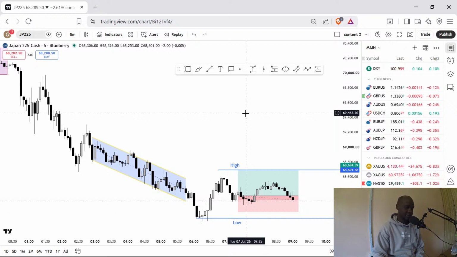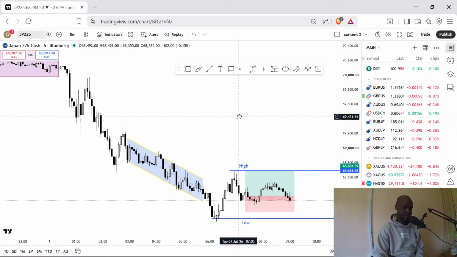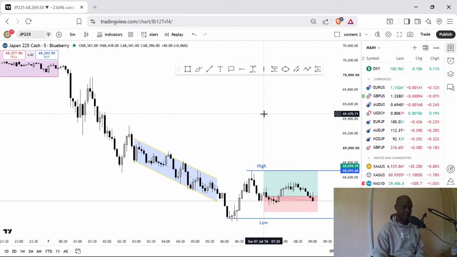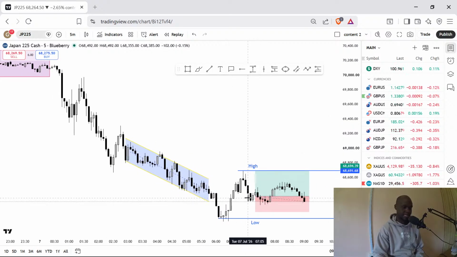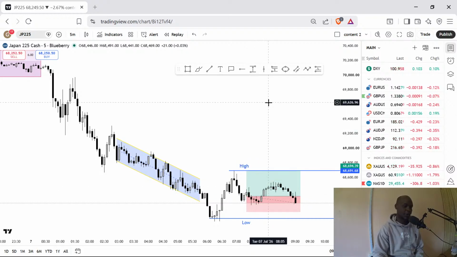So right now we're slightly in drawdown. Ideally, whenever I get an entry such as this, I like to see price just continue to push.